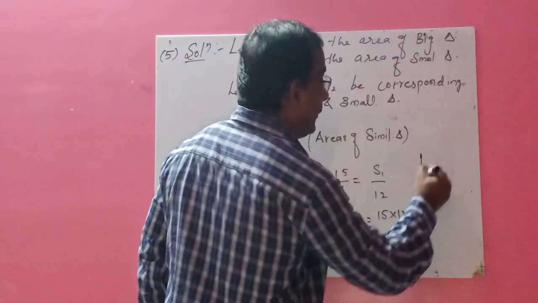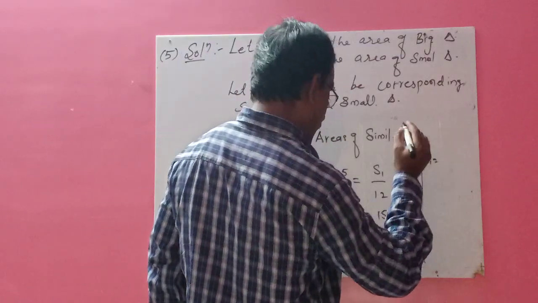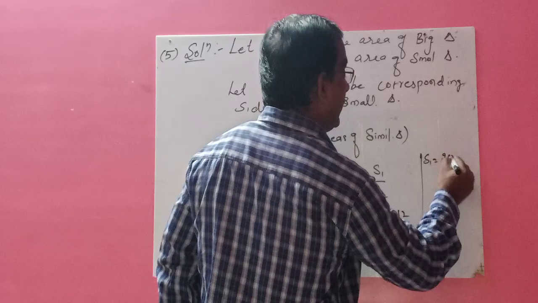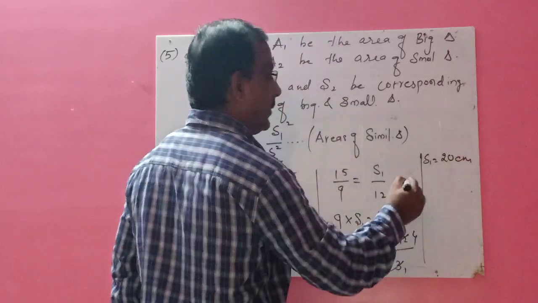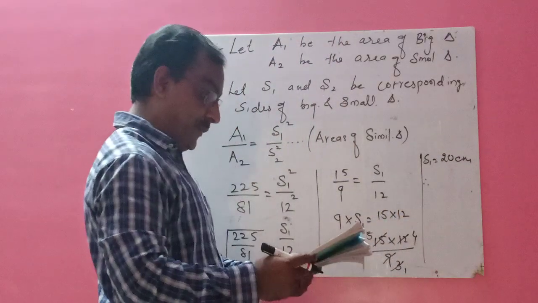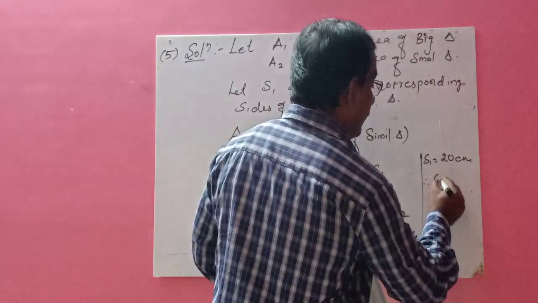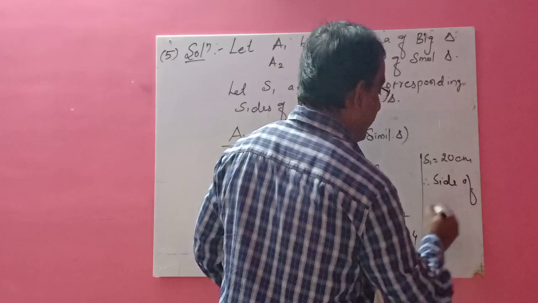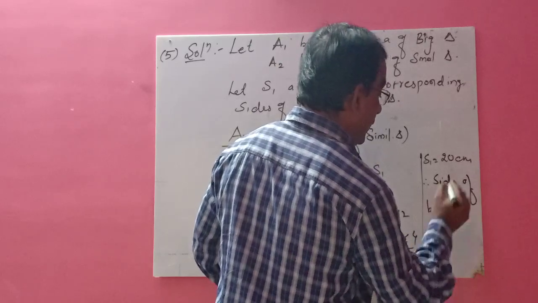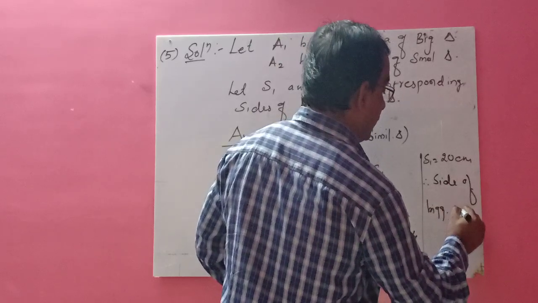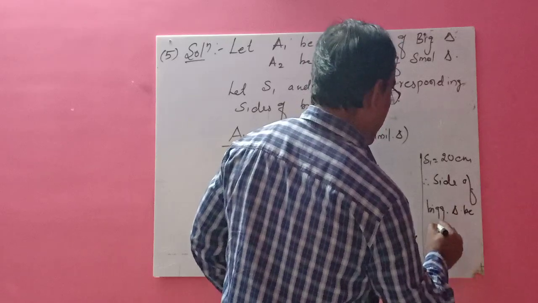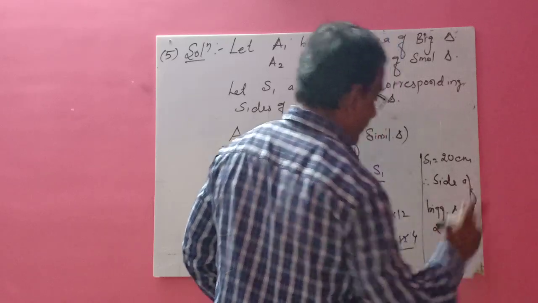So S1 is equal to 4 5s are 20 centimeter. Then you write down the answer here. Therefore, side of bigger triangle, how much, be 20 centimeter.